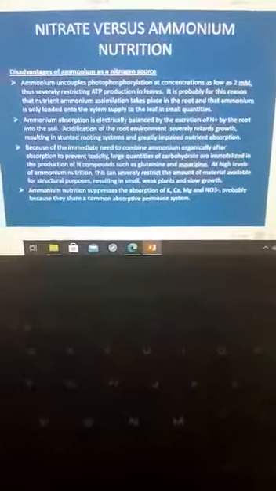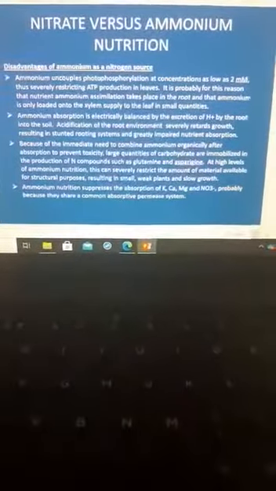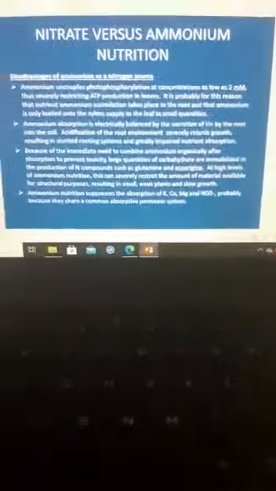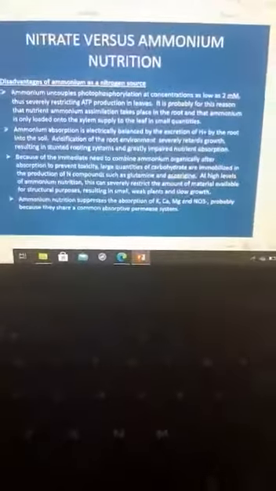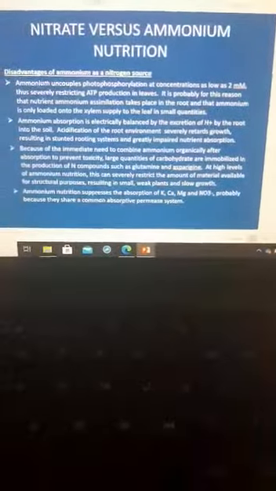So nitrate has its own advantages and disadvantages, and ammonium has its own advantages and disadvantages as a form of nitrogen in the life of a plant.